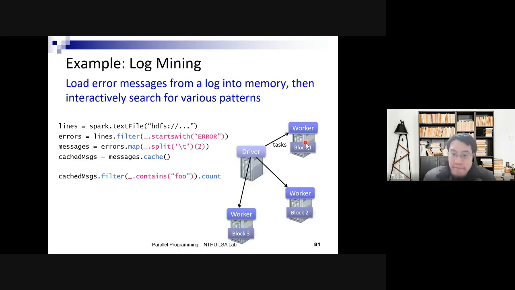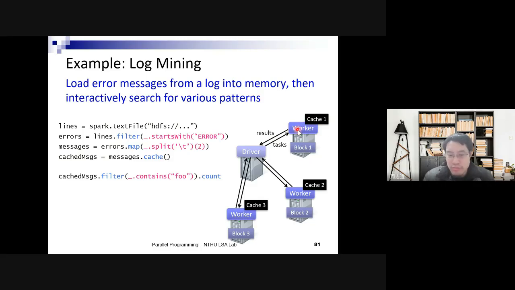Of course, the worker will read out the data and do the filter, do the mapping, and generate the cached messages. And the cached messages will be cached. So the driver will notify the worker to cache the result in its memory. As you can see, this is a distributed memory, because it all depends on which part of the data you processed.